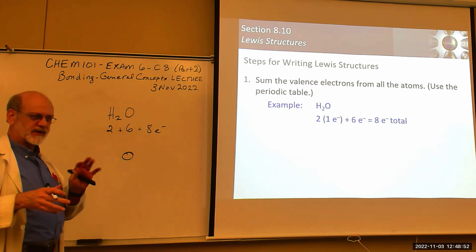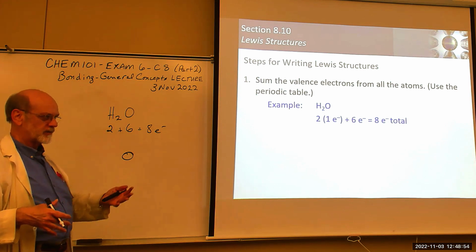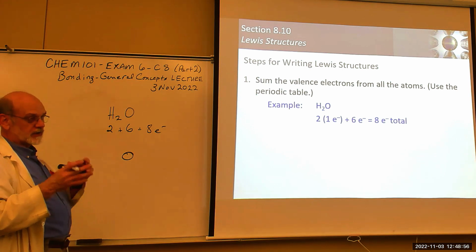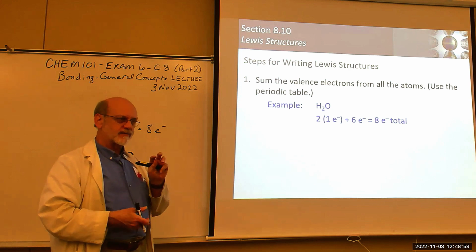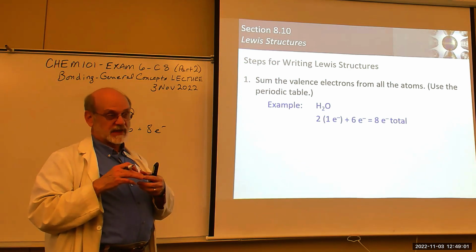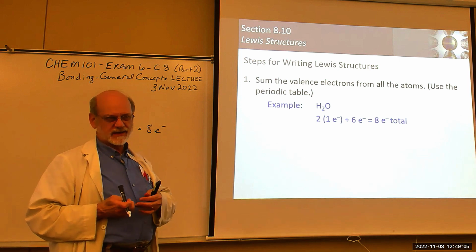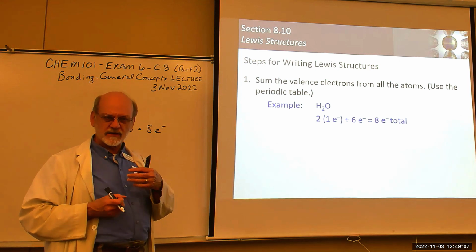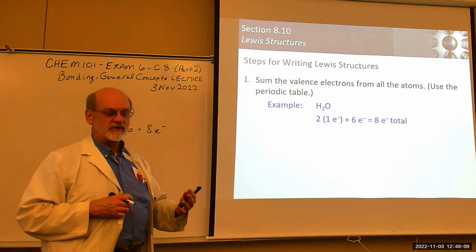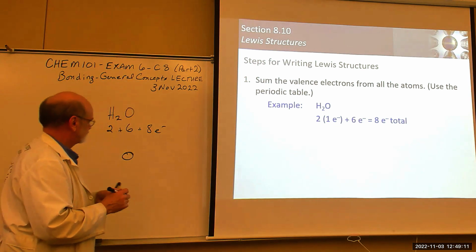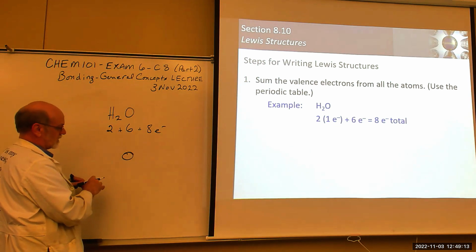I'll give you some ideas about deciding which one to go in the middle. If you've got 2 or more atoms bonded and they both have the capability of multiple bonds, then you need a tiebreaker, something to tell you which one should go in the middle. In this case, oxygen's in the middle.